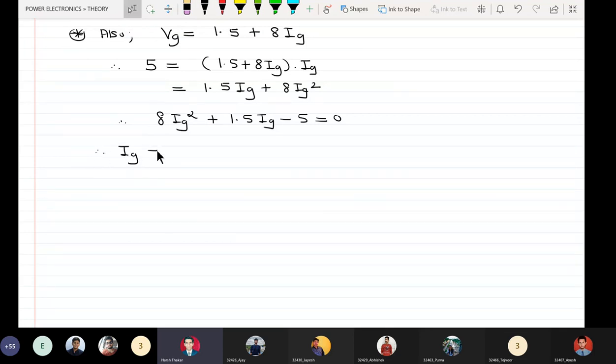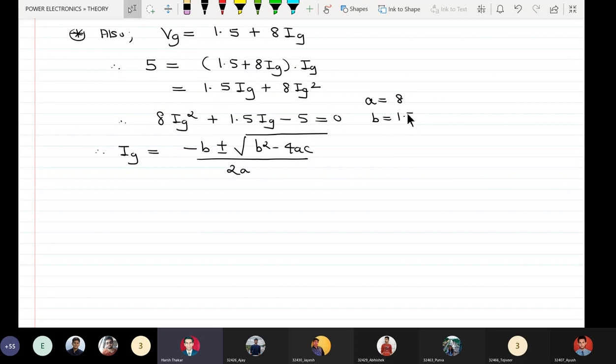Therefore Ig is minus B, where A equal to 8, B equal to 1.5, C equal to minus 5.